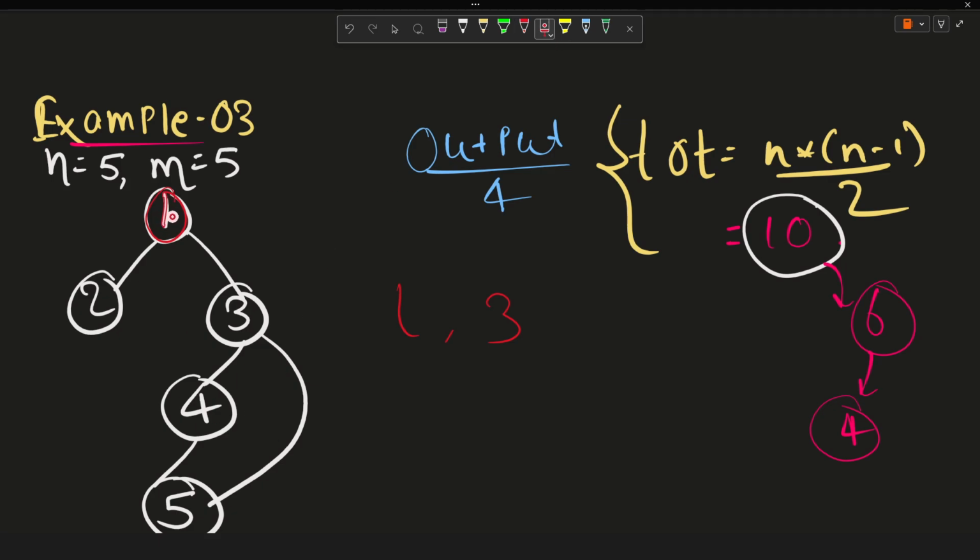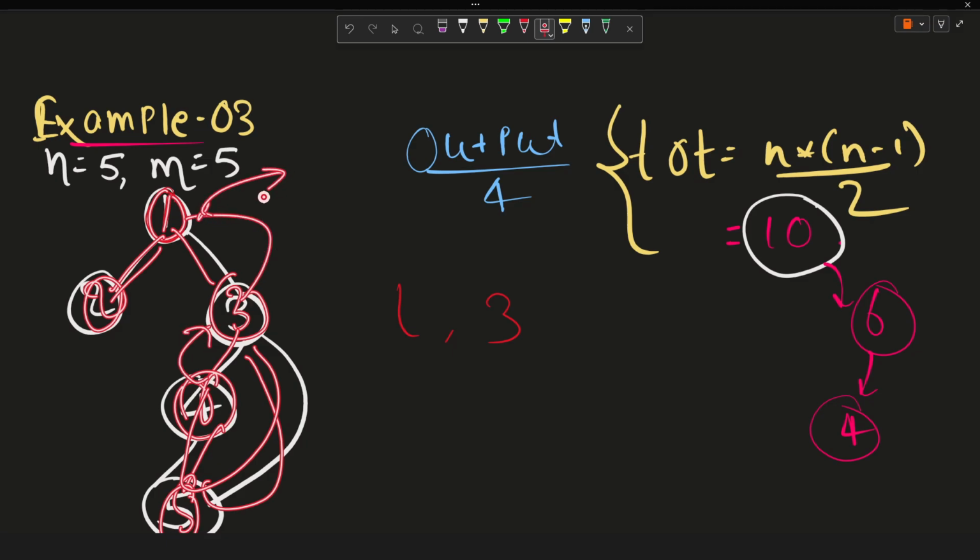So suppose I start a DFS call from 1. The DFS call will go from 1 to 2, then from 2 back to 1, then from 1 to 3, then from 3 to 4, then from 4 to 5. From 5 it will not go anywhere, so it comes back to 4, then to 3 and to 1, and ends, right?